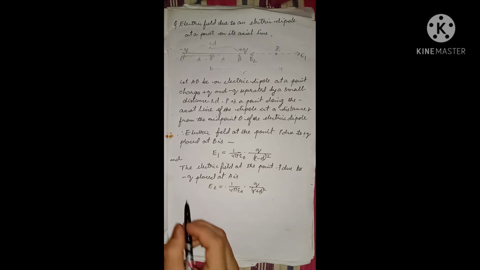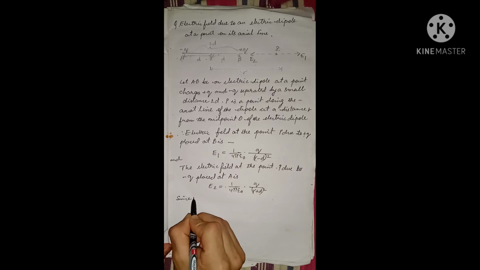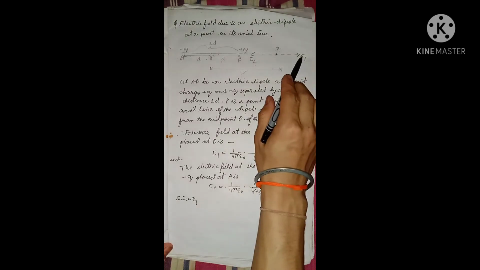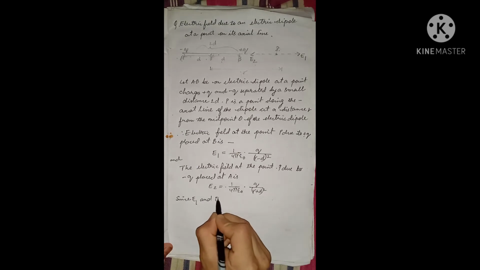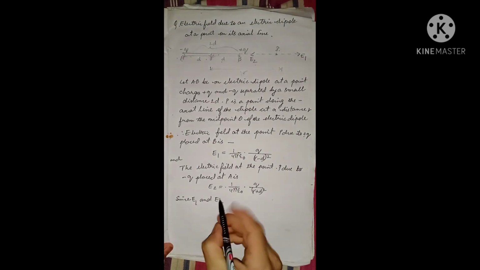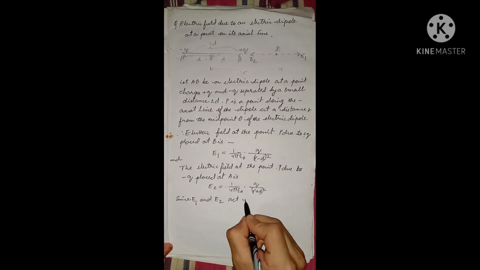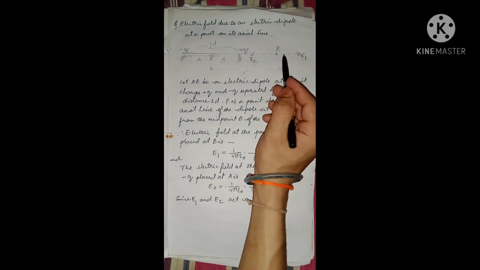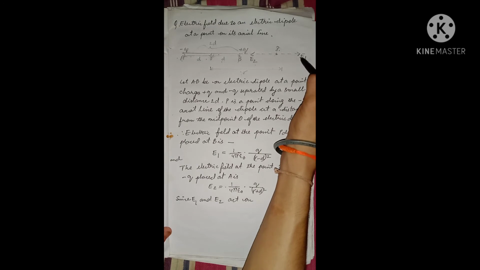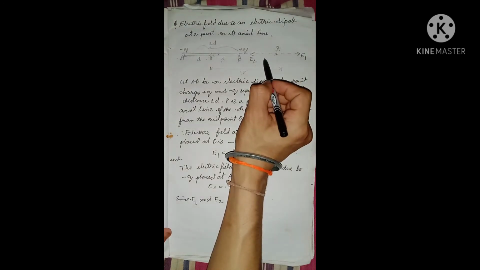Now we need to find the resultant electric field. Since E1 and E2 act in opposite directions, isn't it? This electric field is acting this side and this electric field is acting this side.